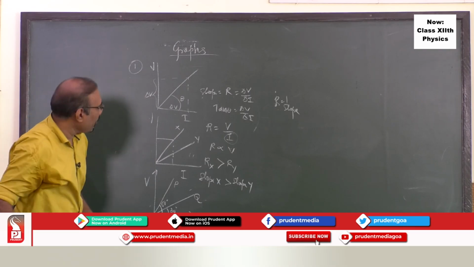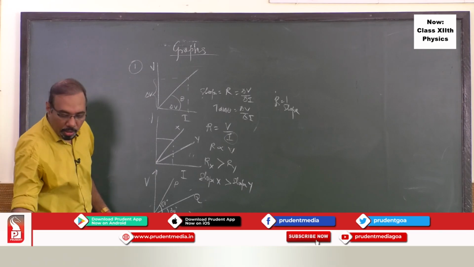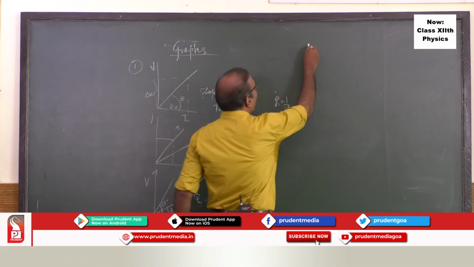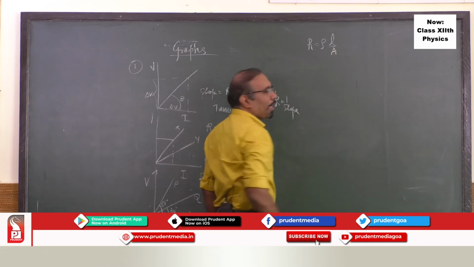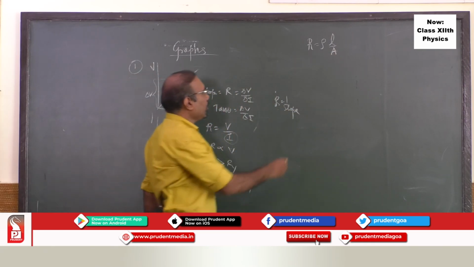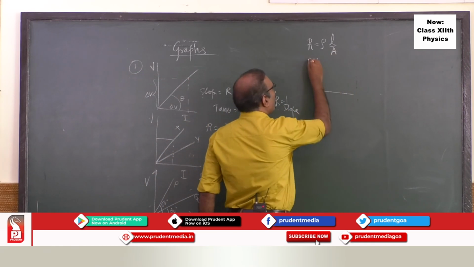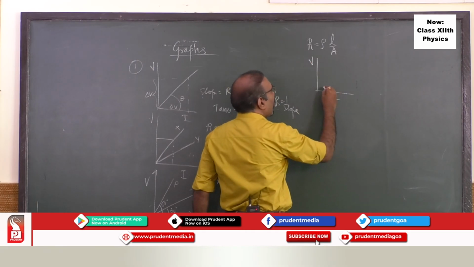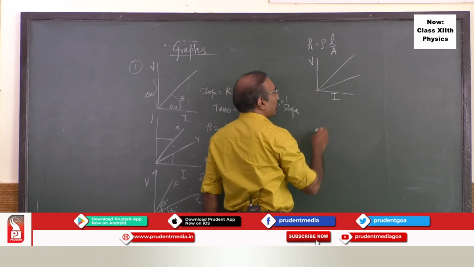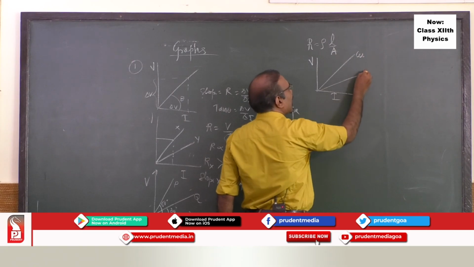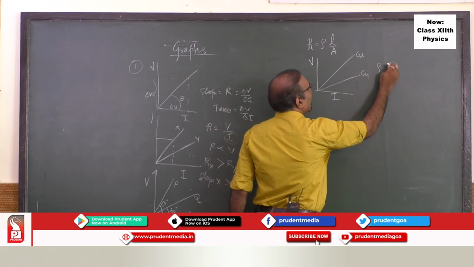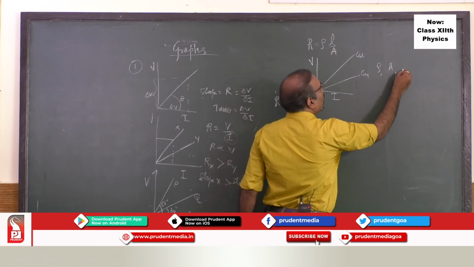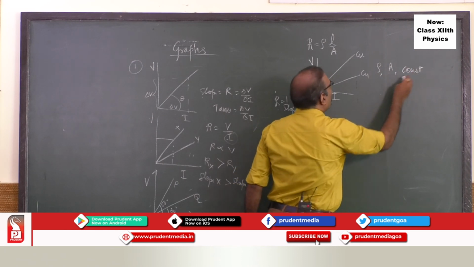Likewise, we can have graphs based on R is equal to rho L by A. This is another formula on which plenty of graphs could be plotted. One can plot a graph of V versus I, and suppose you have two different resistors, both the materials being copper, and you are keeping resistivity and A constant.